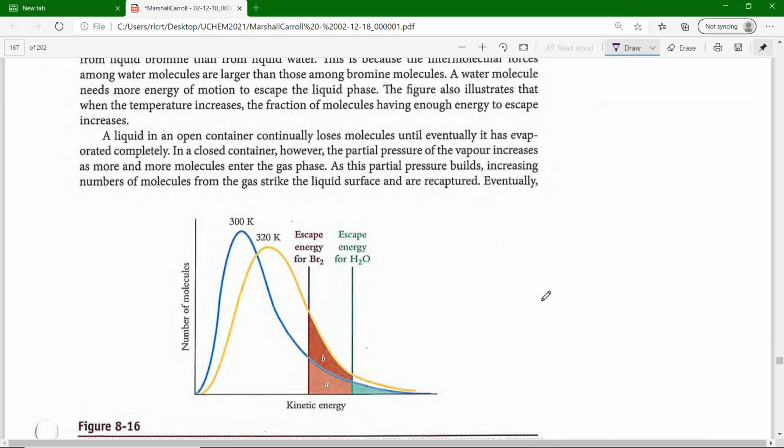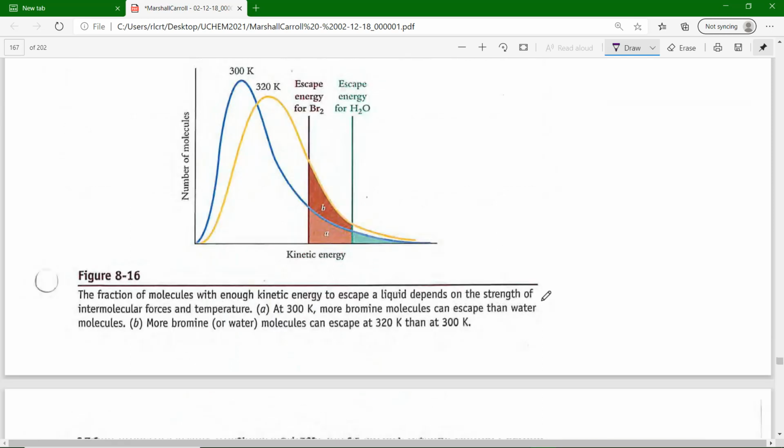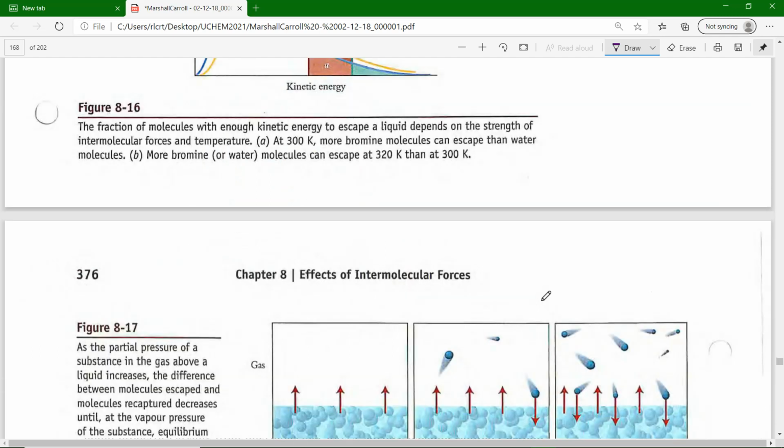So the fraction of molecules with enough kinetic energy to escape a liquid depends on the strength of the intermolecular forces and the temperature. At 300 Kelvin, more bromine can escape than water. And at 320, for each one, you get more escaping.